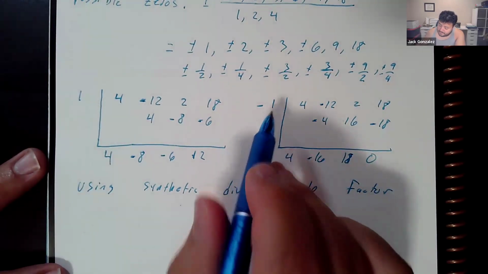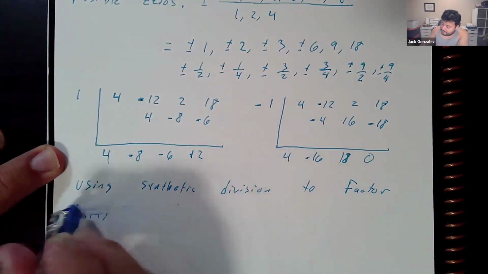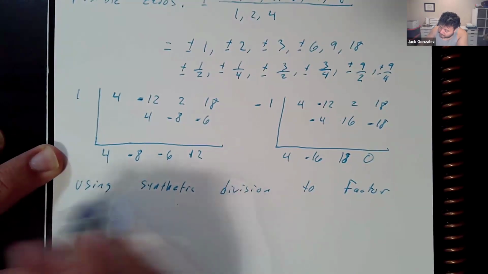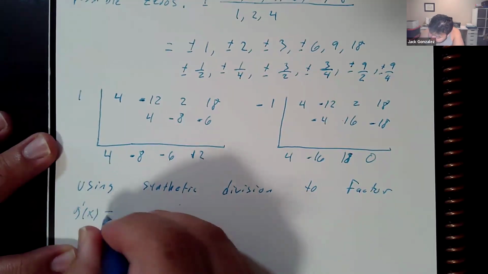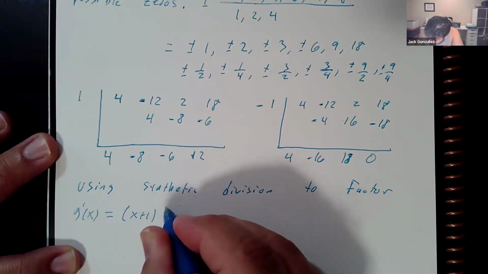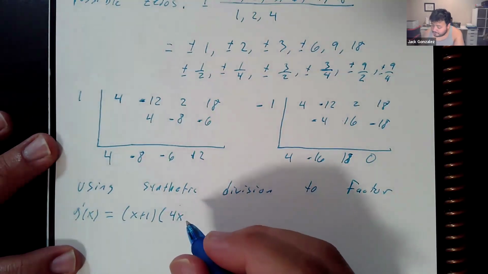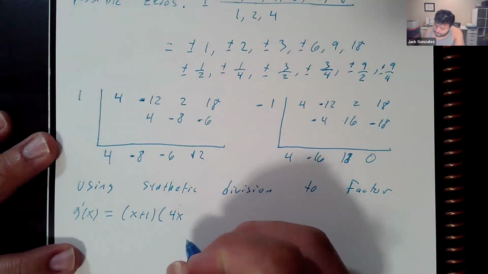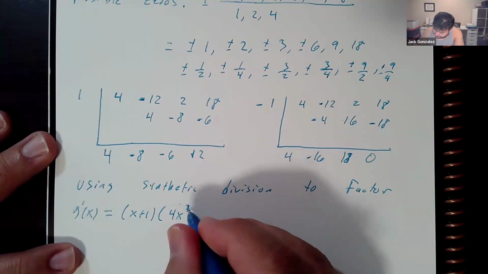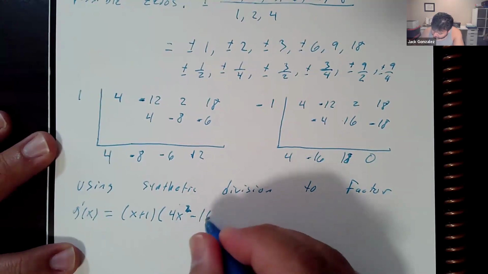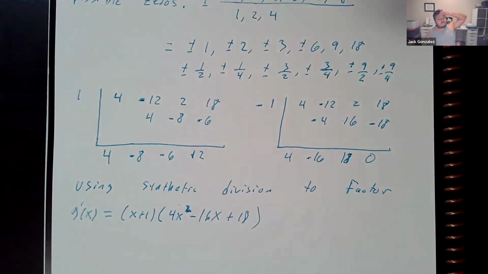So since this is a zero, that means that x plus 1 is a factor, which means that g prime is equal to okay.